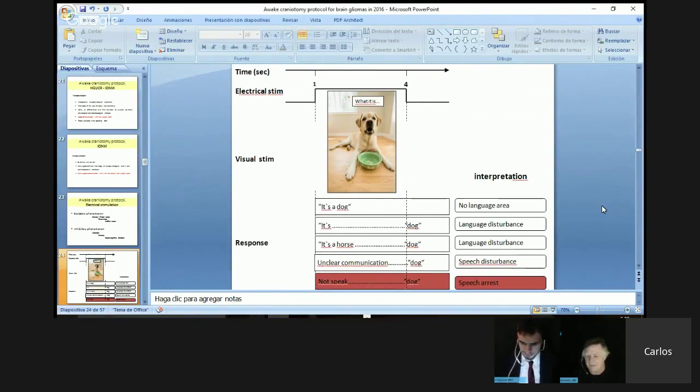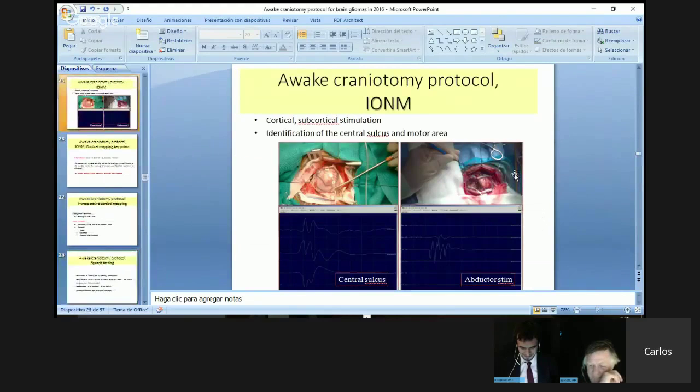When we give the patients some electrical stimulation, we can see the results and the neurophysiological changes. The patient must answer to signal to us what he sees, and after we can interpret the response of the patient during and after the electrical stimulation.